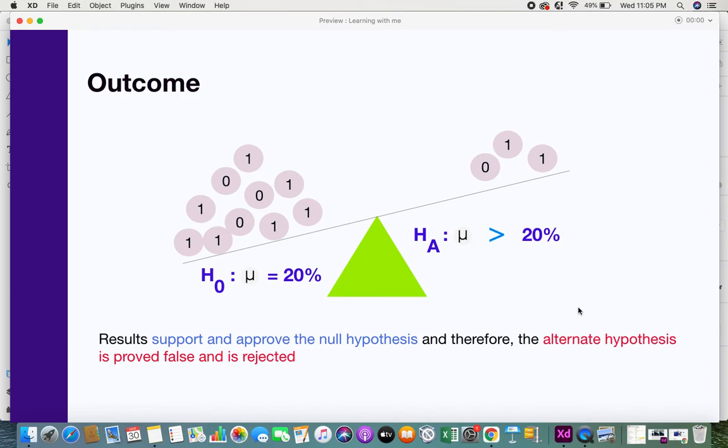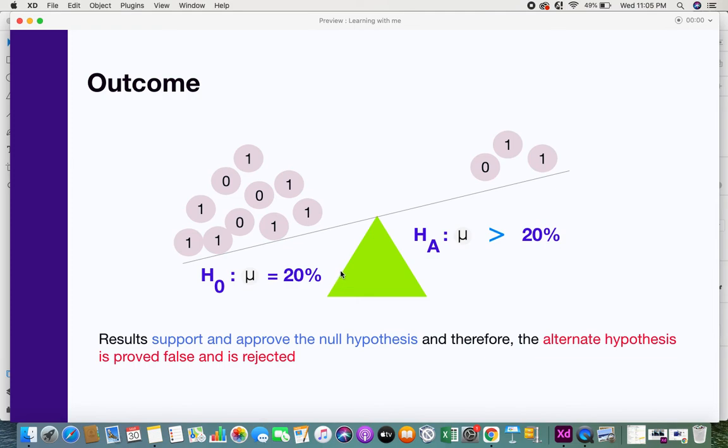Another case might be if the alternate hypothesis is right, which means that your data says that the employee satisfaction rate is not equal to 20, it is greater than 20, then your alternate hypothesis will get accepted and your null hypothesis will get nullified or rejected.